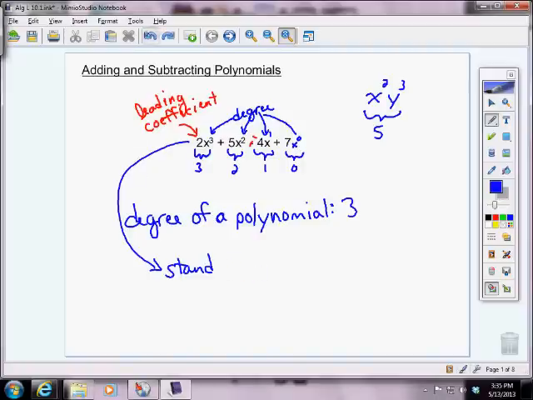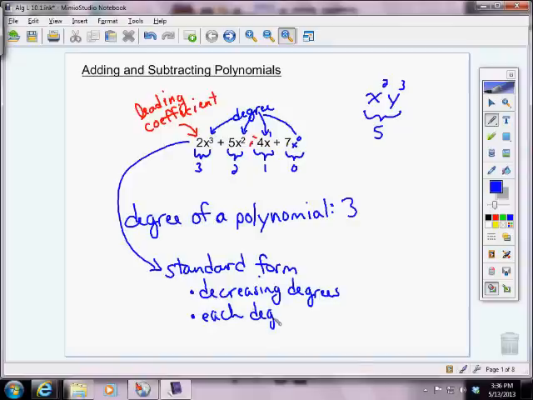Standard form is when you write it in decreasing degrees, and each degree is accounted for.